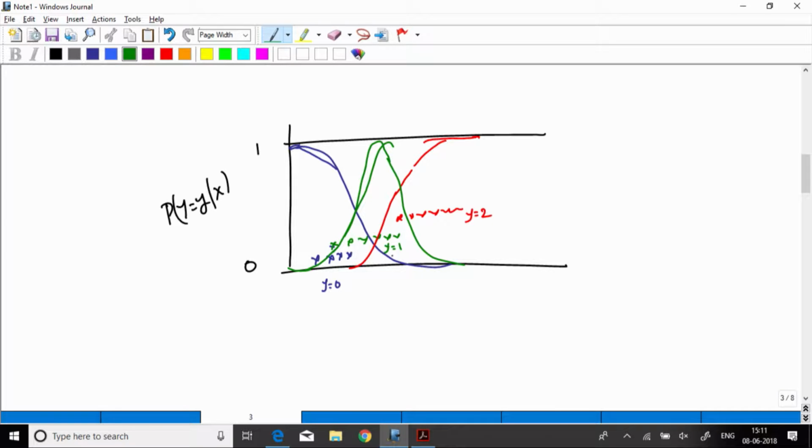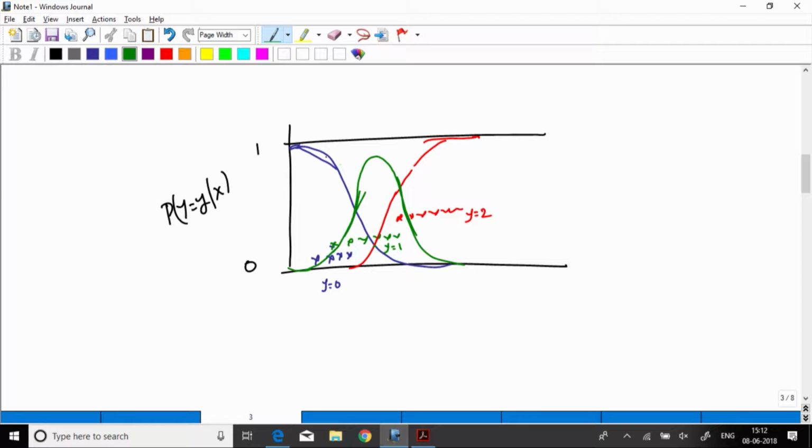Now everywhere you will see that here it will not reach 1, because at this point it has a few values for green and red. So the sum over all probabilities will be 1. At every point the sum over all 3 curves will be equal to 1, right?